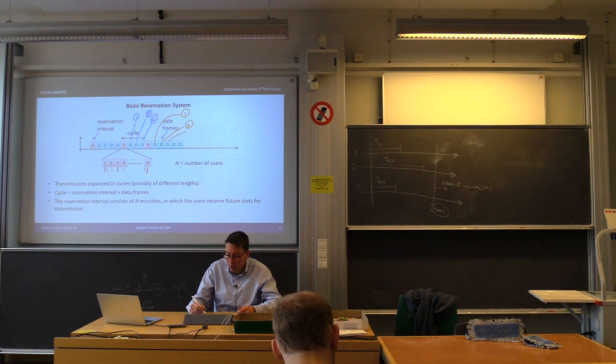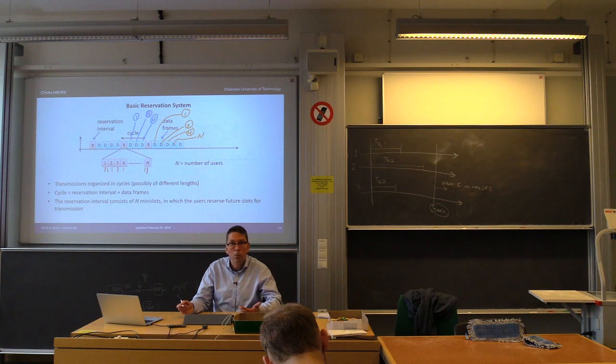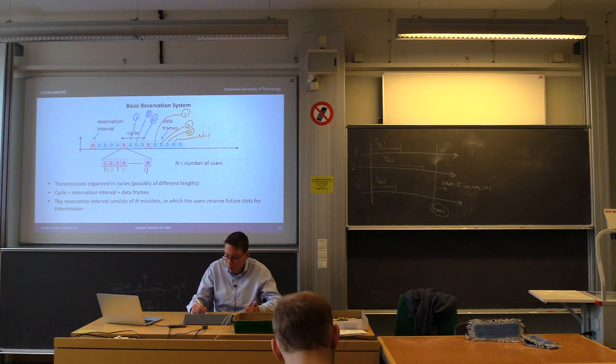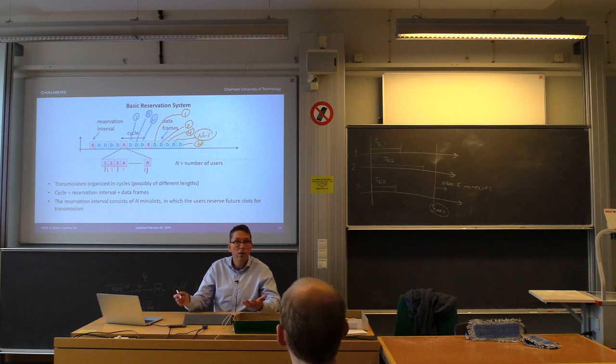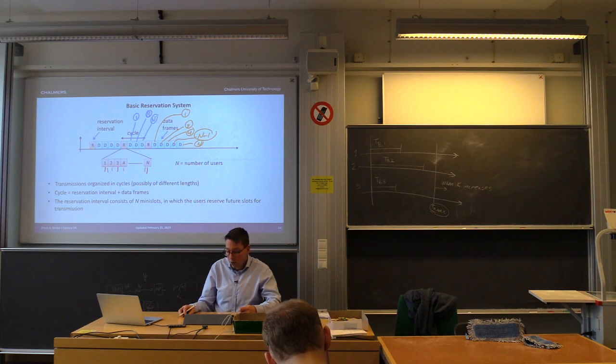The third one would be from number 4. And then it would be N. Okay, so maybe this didn't work out in this case. The last one should be N here. So maybe this is from N minus 1 and this is from N, like this. Okay, and then there is another round of reservations. So questions on the general setup here?